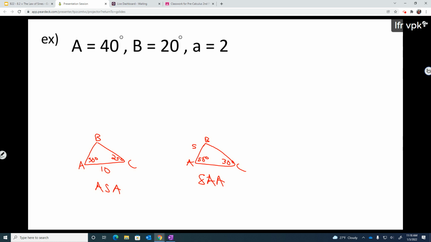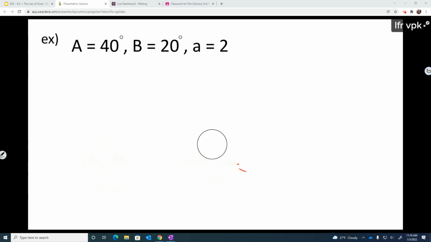So what we're going to do in all of these is start by just drawing a picture. And just draw the same picture every time. Makes it easy if you don't have to change it. Just draw the same sort of triangle. It doesn't matter what the angles actually look like. And we'll call this ABC. And then let's even go ahead and label all of the opposite sides.